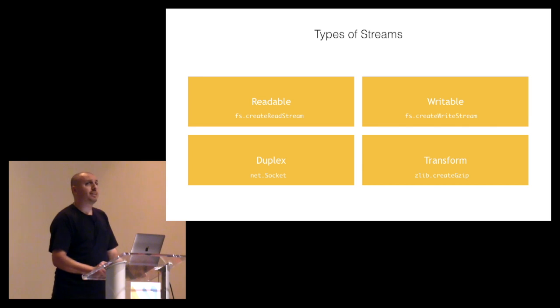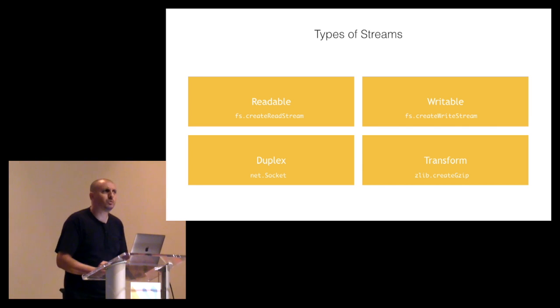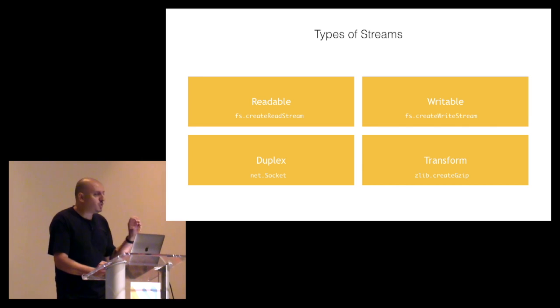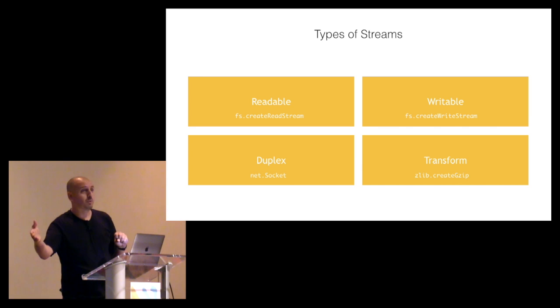So if you have a file that's, say, 10 gigabytes, and you want to zip that file, you cannot actually read the file to memory. Node will just not allow you to do that because the default buffer size is not that big. You have to use streams, which means you get one chunk of that file, zip it, write it to the zip file, but you're not done.